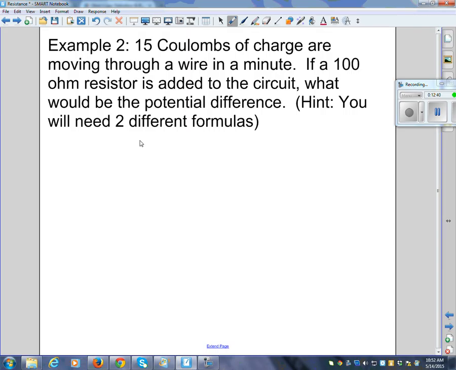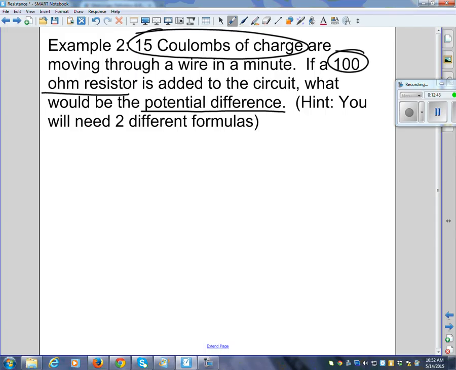Let's find out what we know. Is there any other numbers given in the question? 1 minute, exactly. But it's written in words. Okay, so 15 coulombs of charge. What's the letter for charge?